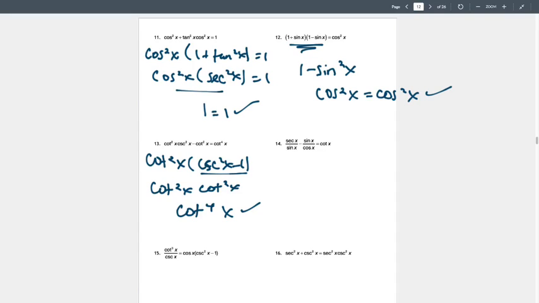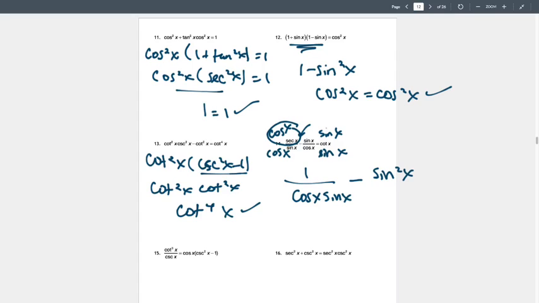On the next one, you need a common denominator because you have 2 fractions that are being subtracted. So I'll multiply this one by cosine over cosine, and I'll multiply this one by sine over sine. Each of those. Okay, so you end up with, when I multiply cosine times secant, I get 1 over that common denominator. And then on the other one, I get sine squared over that common denominator.